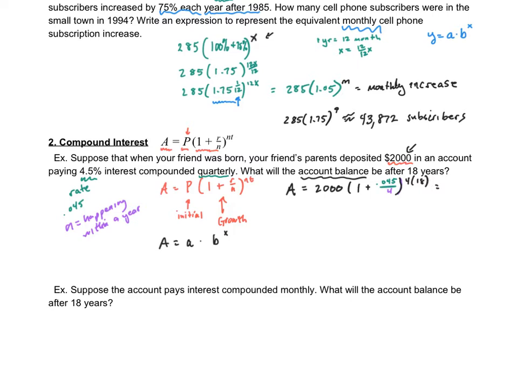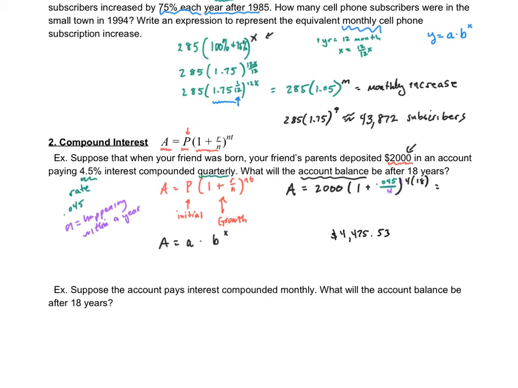Put that into the calculator, and I'm hoping that you get something along the lines of $4,475.53. I rounded to the second decimal because we're talking about money.